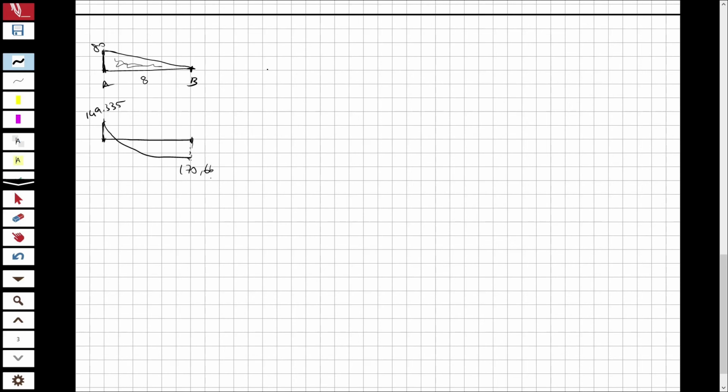So let's draw the next part. For the next part, I have a shear here of 28.44, and I will continue with 28.44 until the other support. And you know, this is the downward direction.